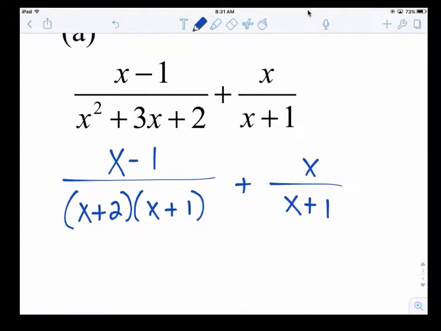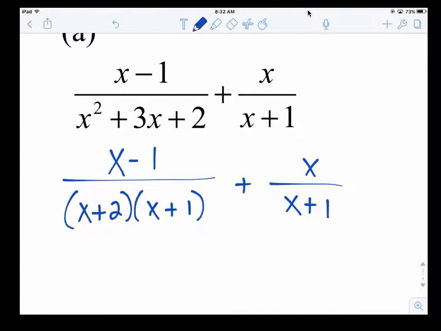Okay, so if you're looking at those two terms, in order to put them together, they have to have the same denominator, right? So this has an x plus 2, x plus 1, and this has just an x plus 1, right? So out of those two denominators, what would your common denominator be?